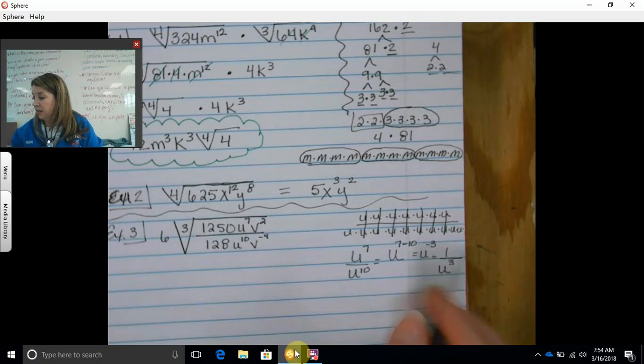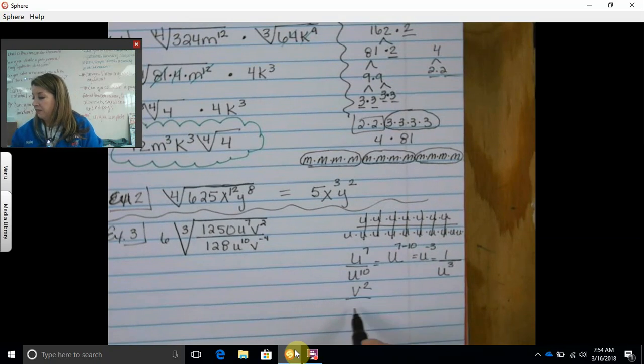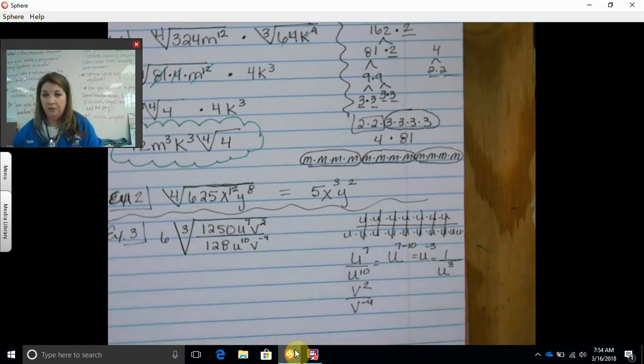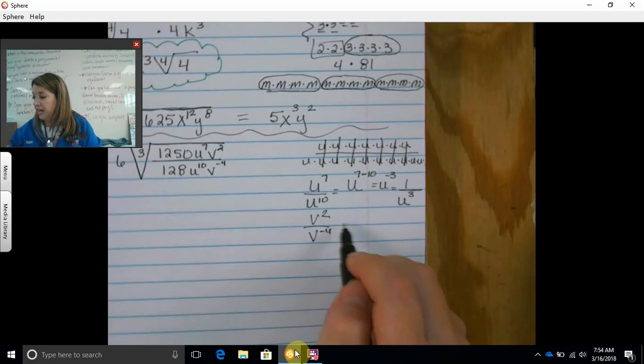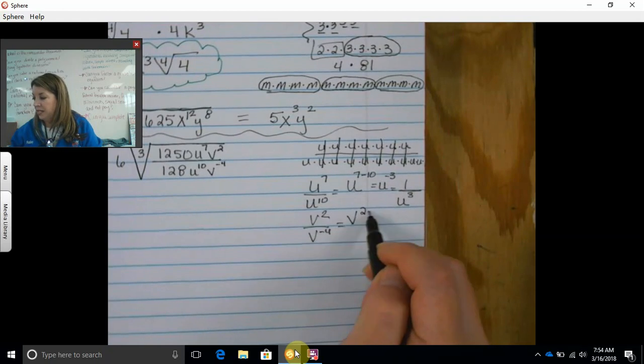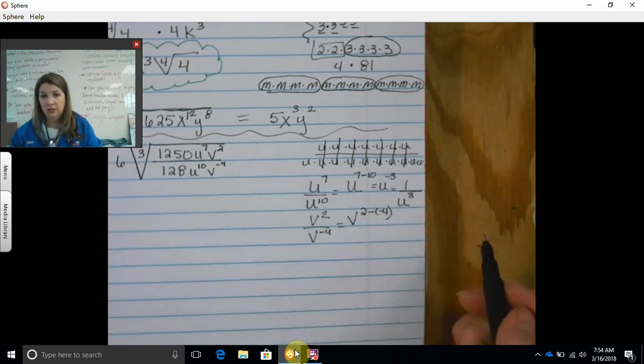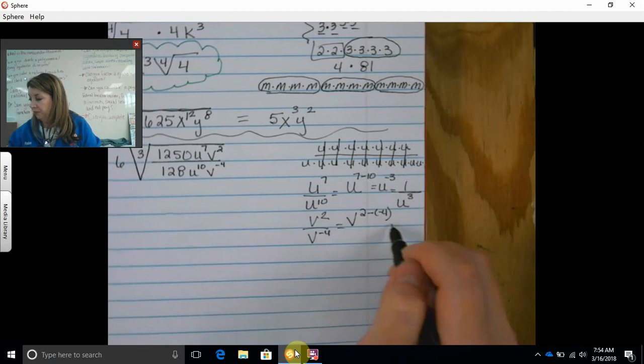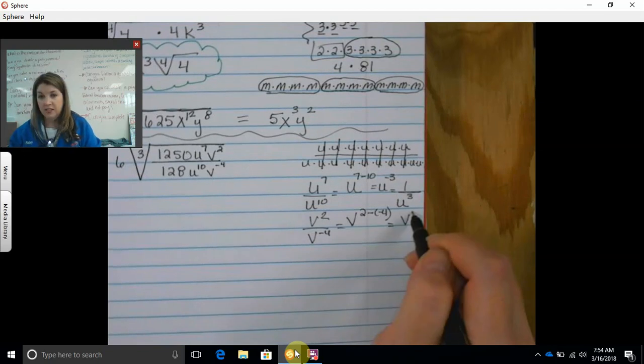Now v squared divided by v to the negative 4th. The rule says keep the base and subtract the exponents. So I would have 2 minus a negative 4, which is what? V to the 6th.